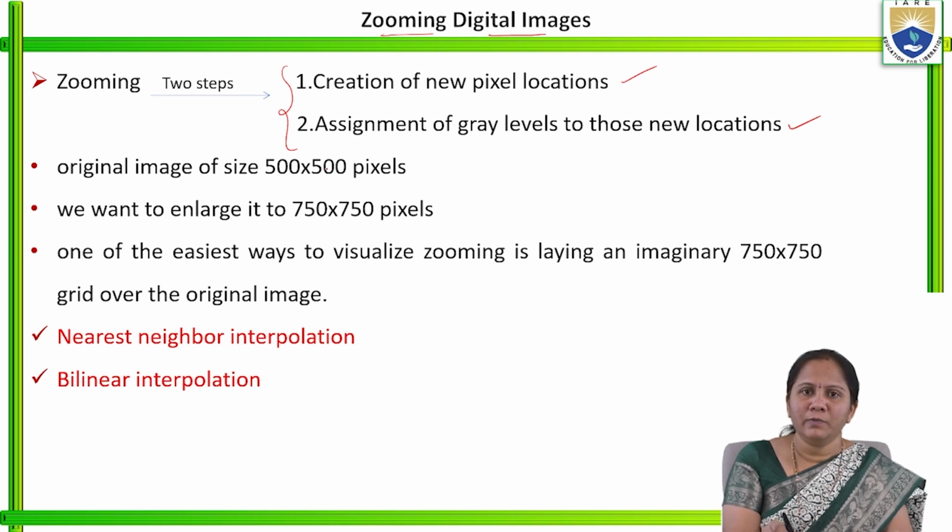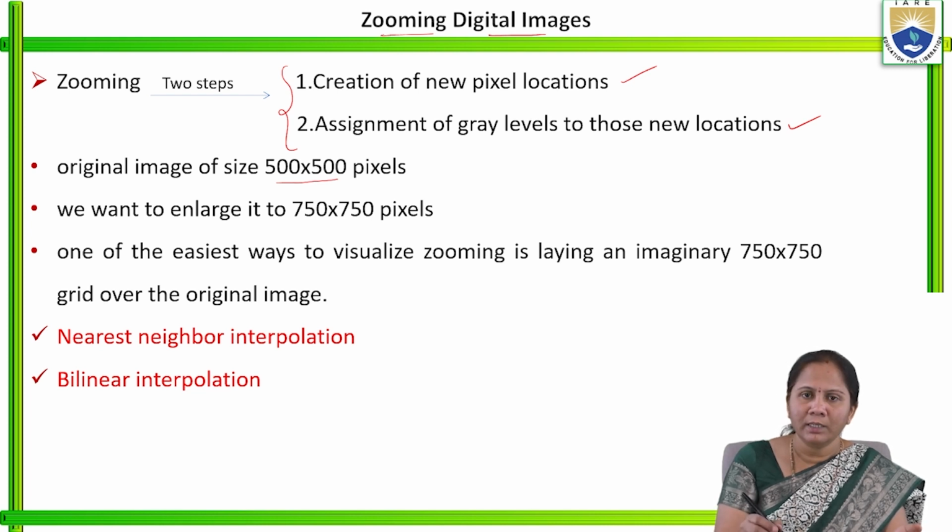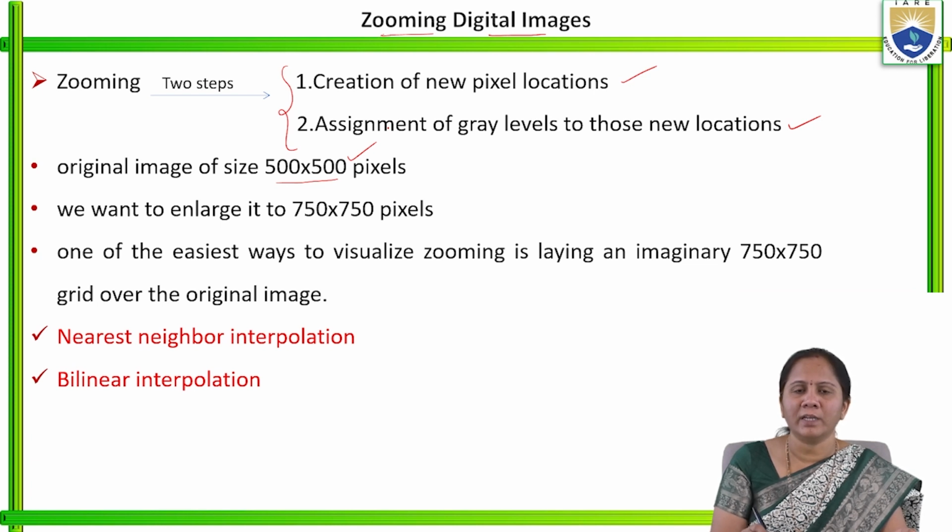For example, consider an original image of size 500 by 500, which we zoom to 750 by 750.